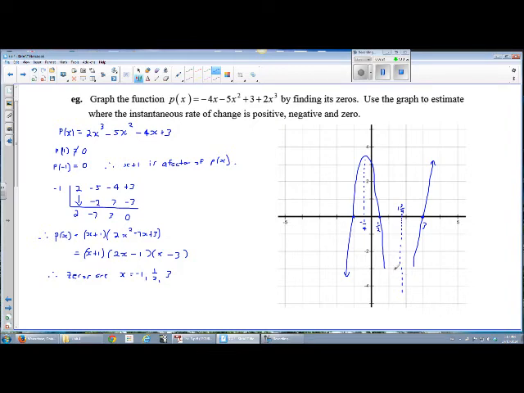So the question then asks, use the graph to estimate where the instantaneous rate of change is positive, negative, and 0. Well, first off, it's going to be 0 at any turning point. So the instantaneous rate of change would be 0 when we have a horizontal tangent. So that would be at that turning point right here. And then the other turning point, I know it's way, way further down, but there would be another horizontal tangent right here at x equals 1 3/4 or 7/4.